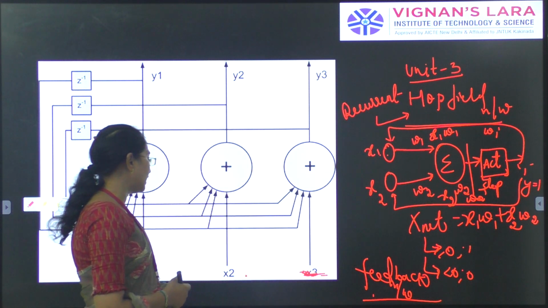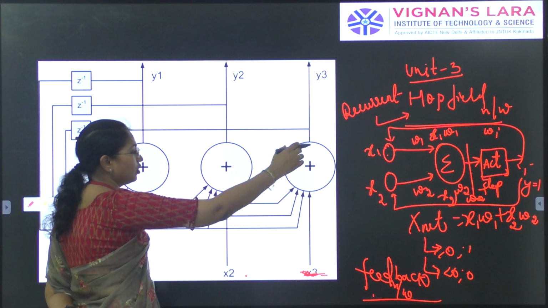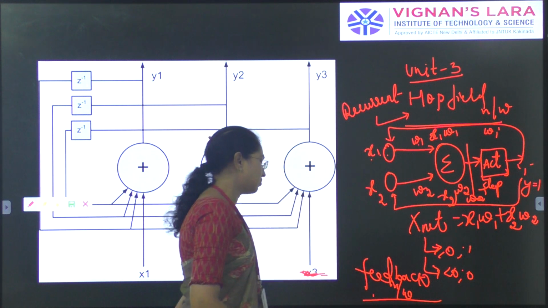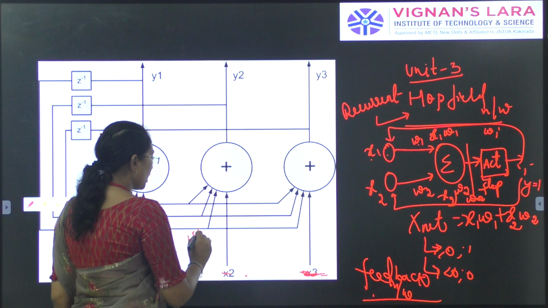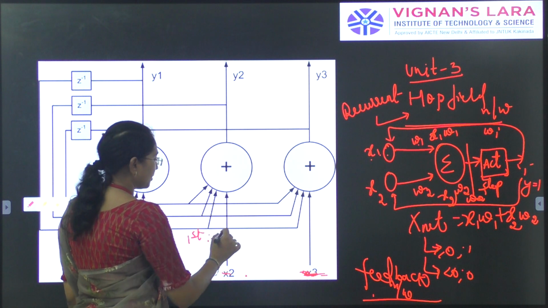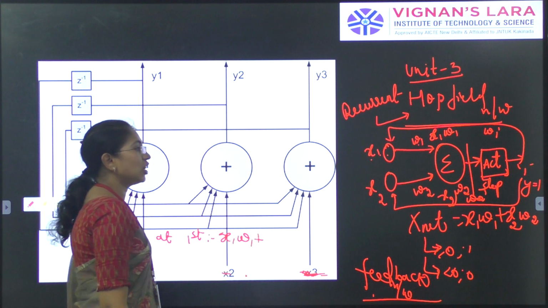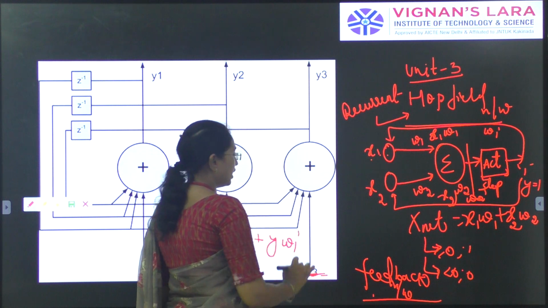Now what will you do? Again you will calculate x net. At the first input you are getting two inputs. One is x1 w1, and in addition to that you are getting y into w1 dash.